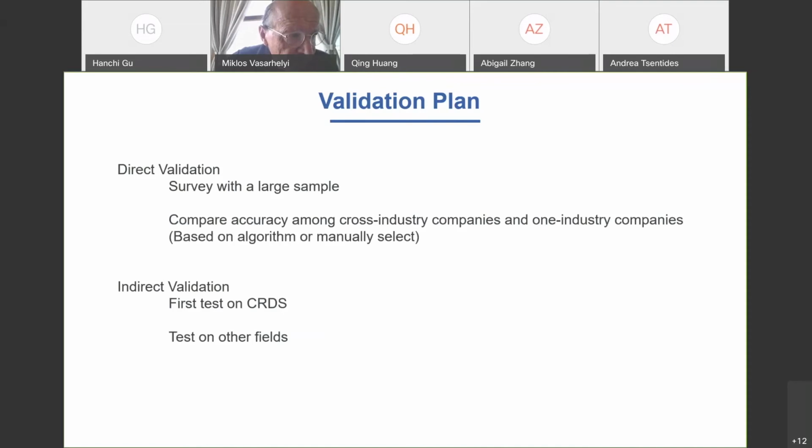But when we read the 10-K files, we can find, in fact, there is much variability in these 10-K files, and we know that this company does not exactly belong to one industry. They may belong to one industry and another industry.